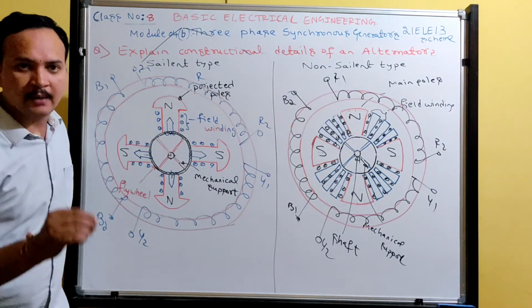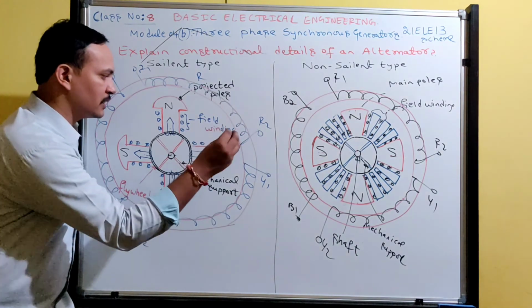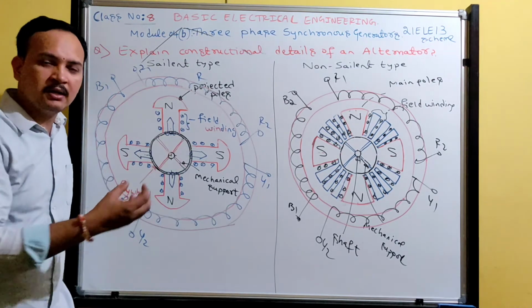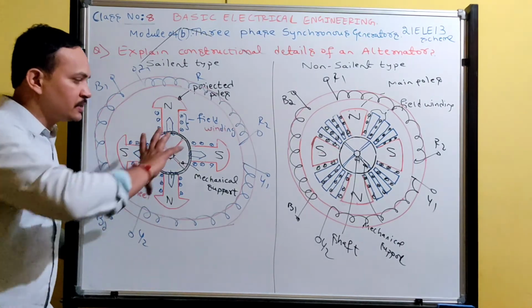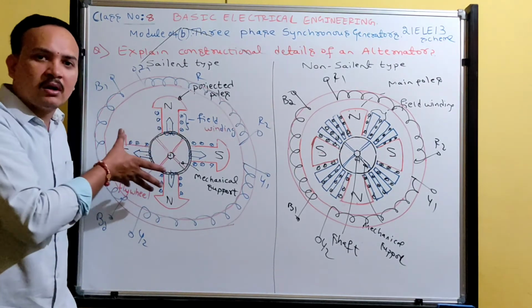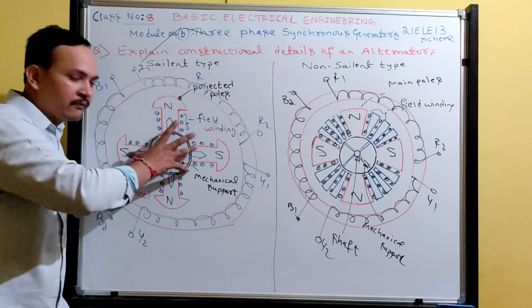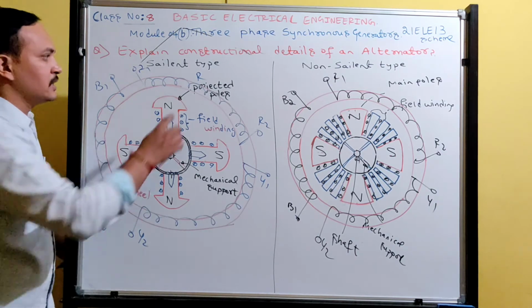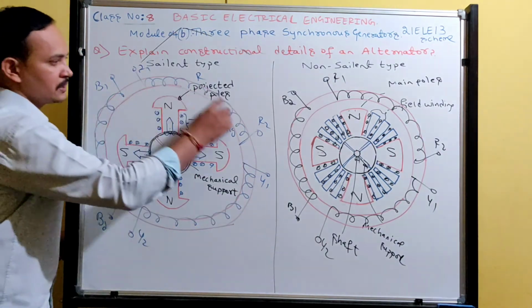By using the slip ring and brush assembly, we are feeding supply to this rotating part. When our field winding carries current, it produces a magnetic field. Since the rotor rotates, the magnetic field also rotates. That magnetic field is cut by the stationary conductors, and hence EMF will be induced in the stator.